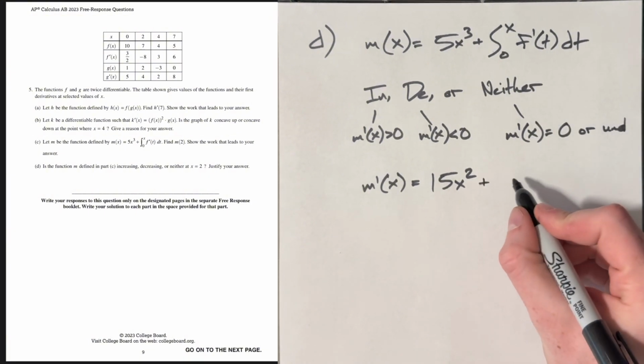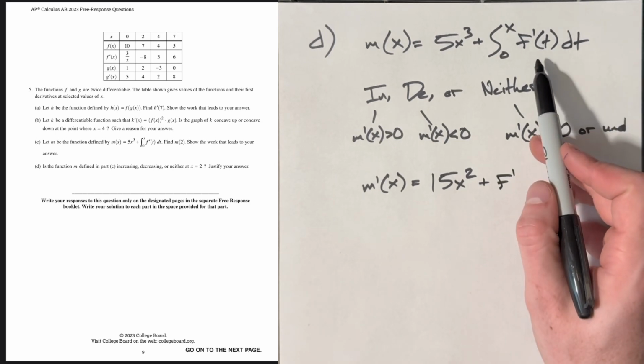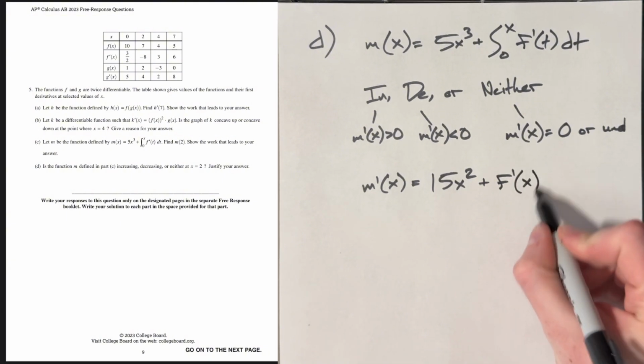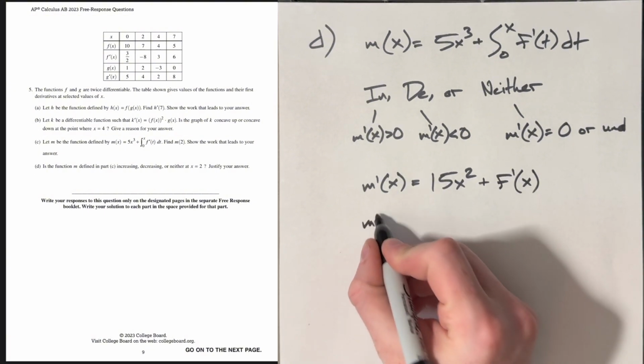So in this case, its derivative will just be f prime, because we have f prime of t, and I will replace t with x. So that gives us a very simplified form, which is really helpful because they ask us, is it increasing, decreasing, or neither at x is equal to 2?